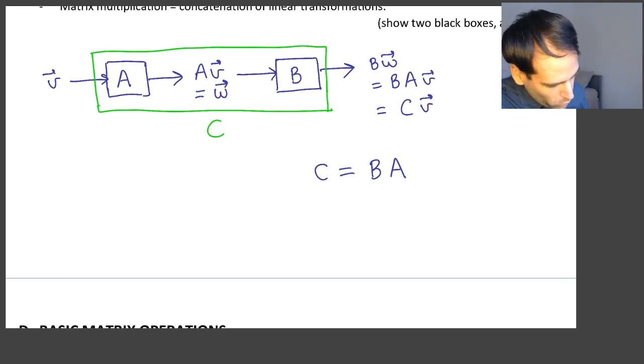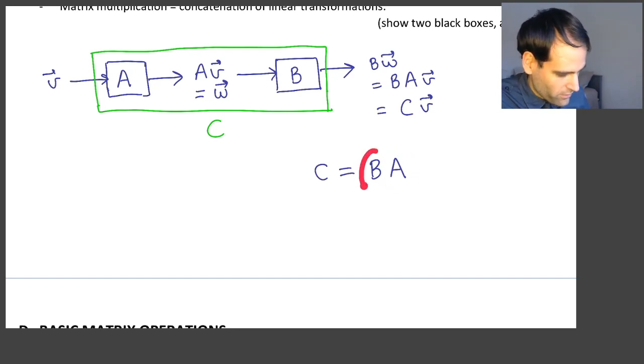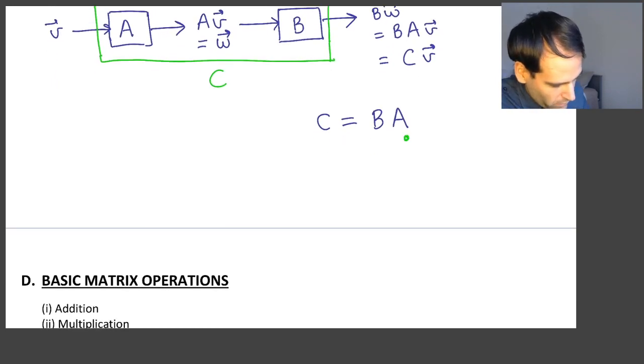So multiplying two matrices together, B times A, really means that you first apply the transformation associated to A, and then you apply the transformation associated to B. So be careful, because we have to move from right to left.